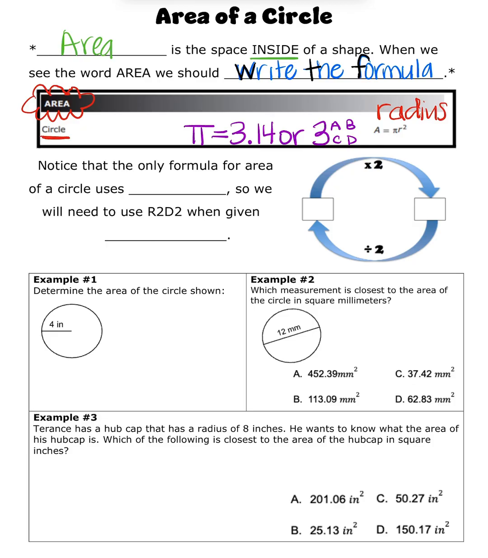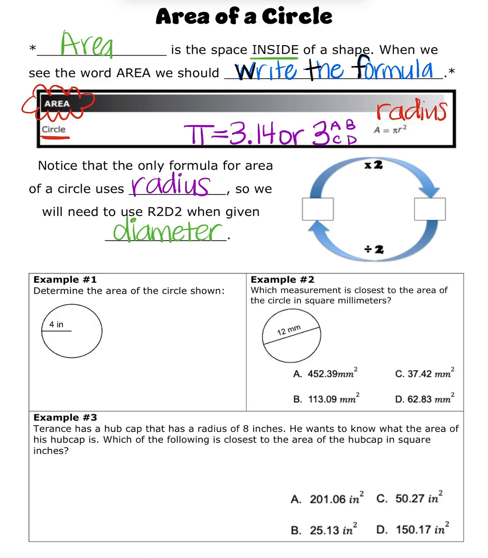Okay? So it says, notice that the only formula for area of circles uses, what does it use? It uses radius. Okay? So we will still need to use R2D2 if they give us a diameter. So sometimes they might give us diameter. Well, we can't use a diameter in an area formula because the only formula we have has radius.